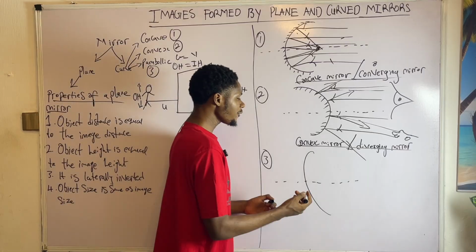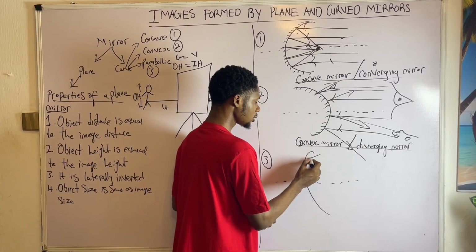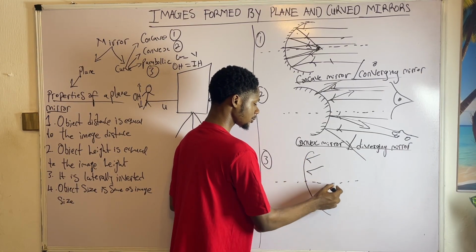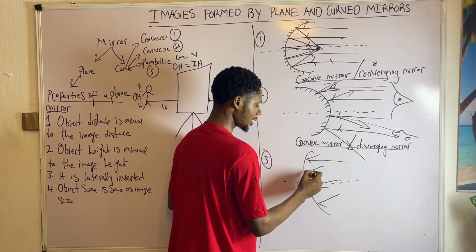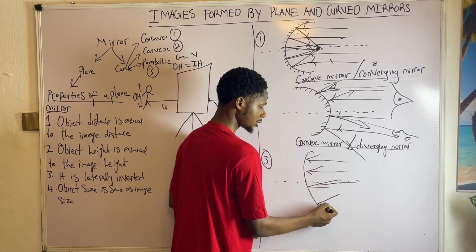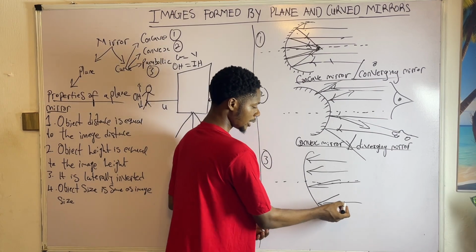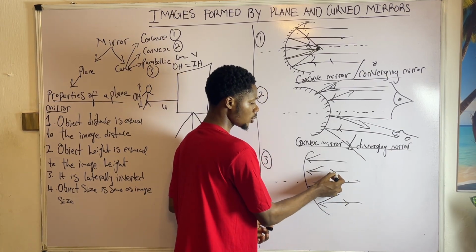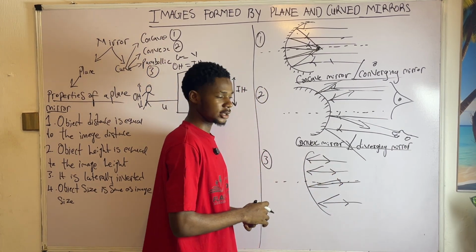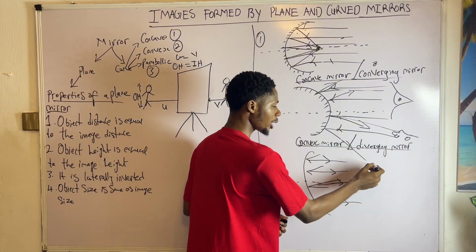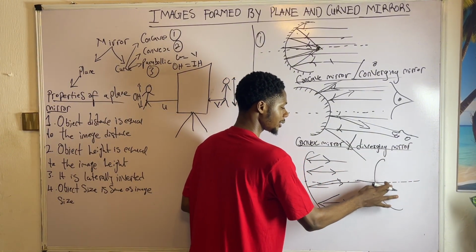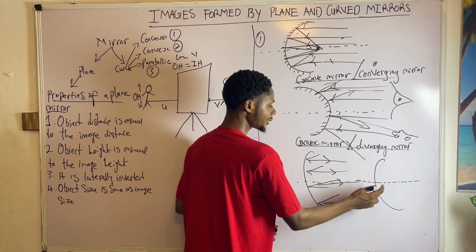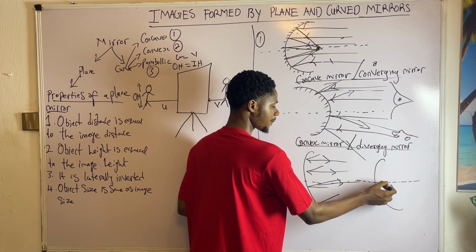Now whenever light rays hit a parabolic mirror like this, these are light rays. Whenever they hit a parabolic mirror like this, parallel to it too, it's going to reflect them back the same way. So imagine we're now having a mirror like this, and then we place a light source here.